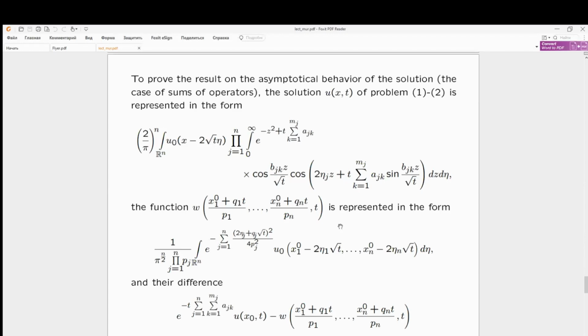And to prove the result on the asymptotical behavior of the solution, we use the method modestly called by Stein and Weiss the decomposition of the integral into its big and small parts.